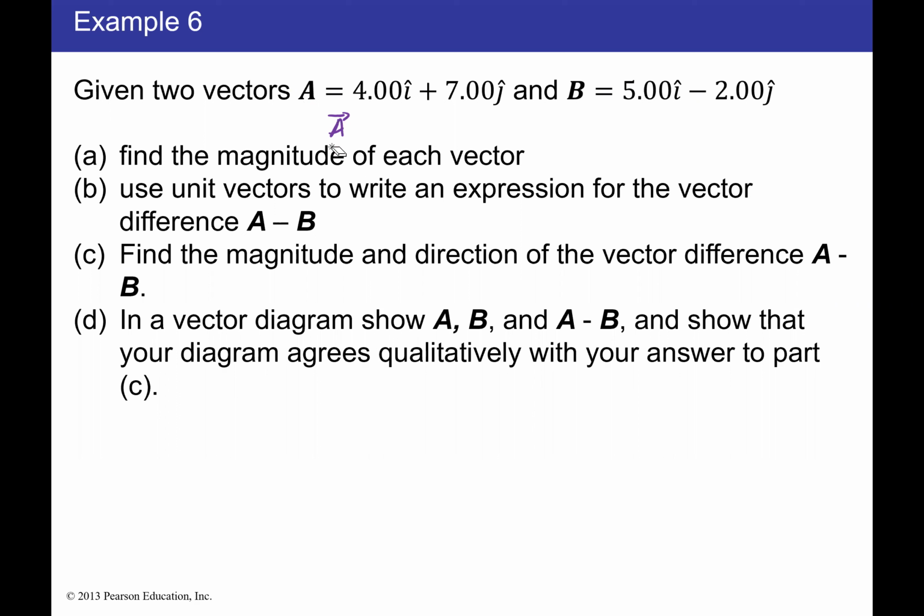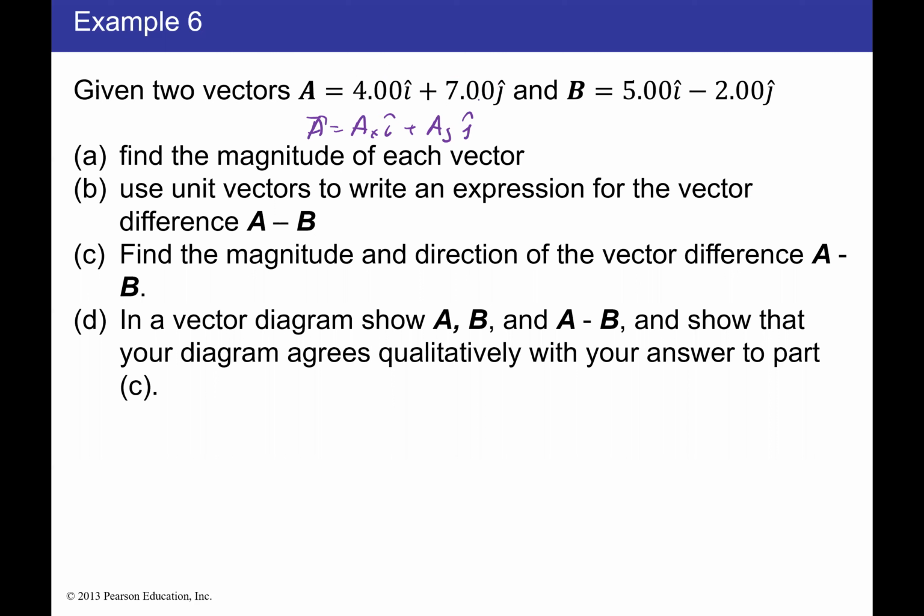So this is vector A, and vector A has 4 i hat. Remember, if I write it as ax i hat plus ay j hat, this is nothing but the x component of vector A, and this is the y component of vector A. Same with B. So we are given those two vectors.